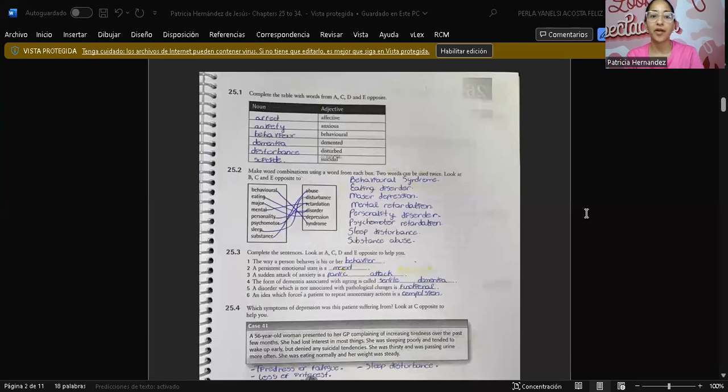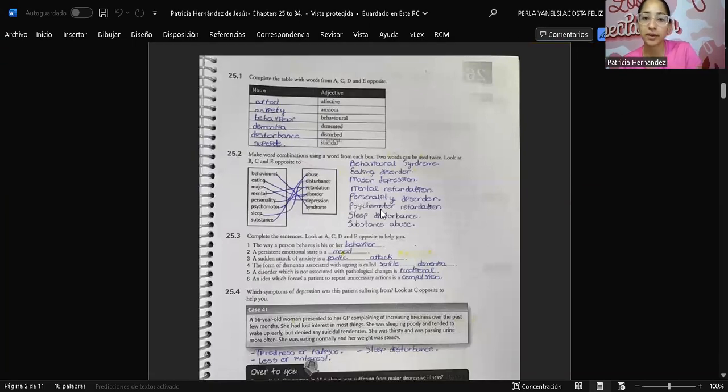Okay, 25. This chapter is about mental illness. 25.1. Complete the table with words from A, C, D, and E opposite. Noun and adjective.